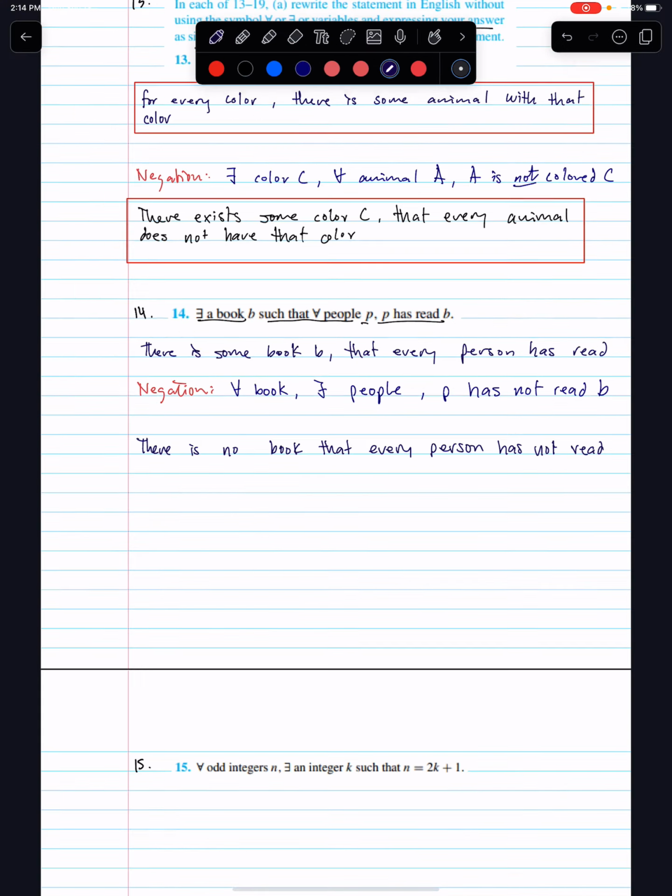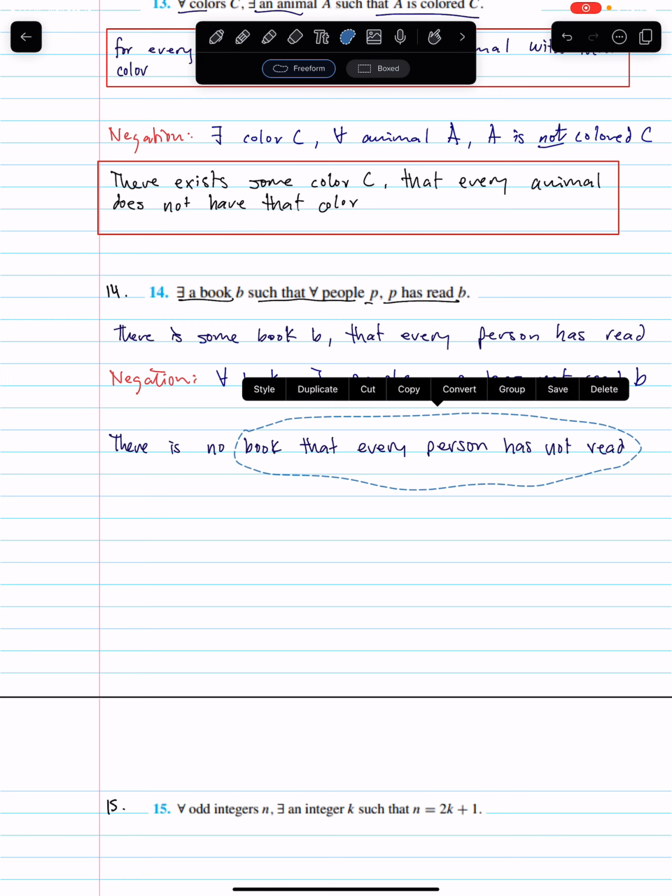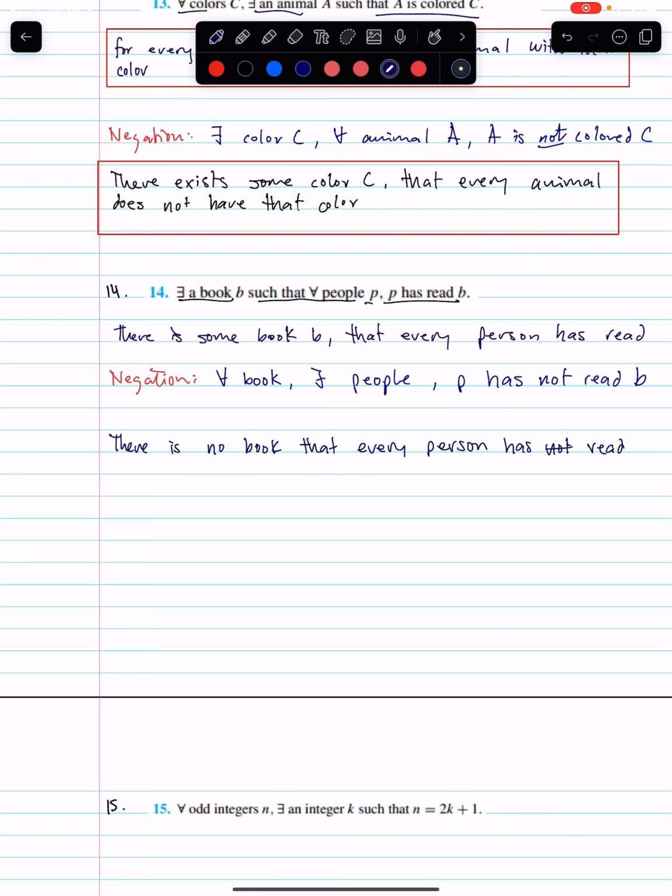There's no book that every person has read. I said it completely wrong. There's no book that every person has read.